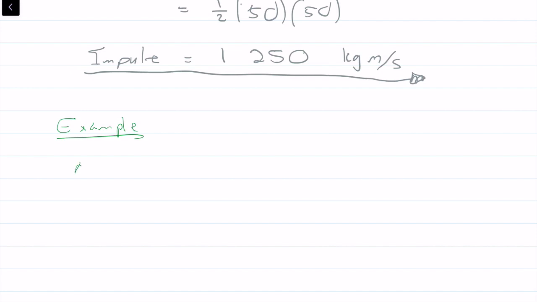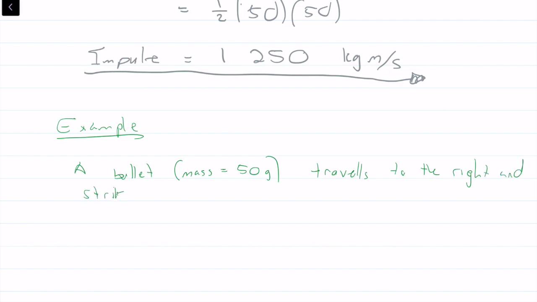So in this example, a bullet of mass equals 50 grams travels to the right and strikes a target at 450 meters per second and exits at 300 meters per second.